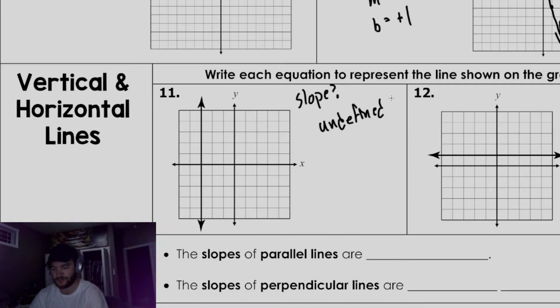But what this shows up as is x equals, what is that, negative 3, right? So 1, 2, negative 3. So when x equals negative 3, this is the graph for it. Boom. That easy. Because I can't plug anything else in for x, right? X is only negative 3, so all the y values exist for it, so it goes up and down.